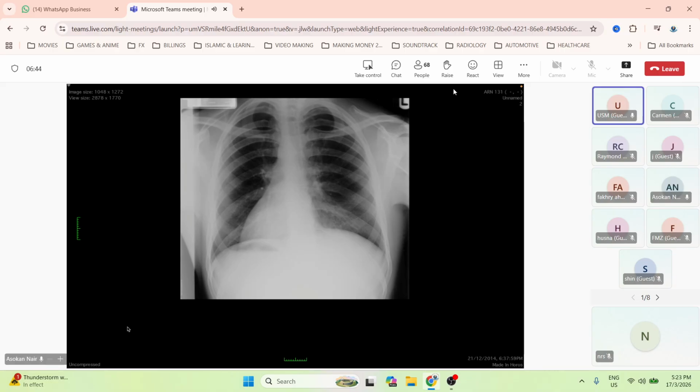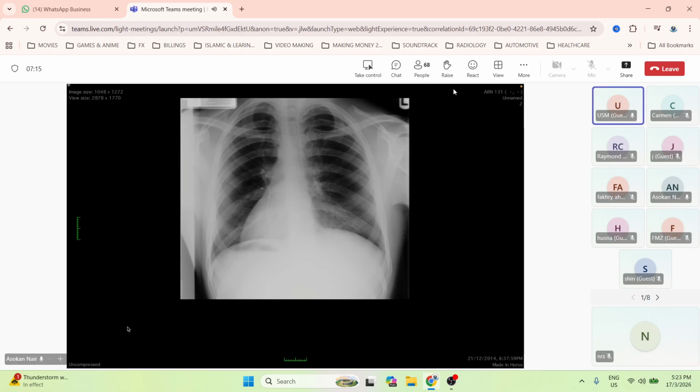Okay, this is the frontal chest radiograph of an adult patient. There is dextrocardia of the heart, and then there are reticular opacities seen at the bilateral lower zones. There is no lung nodule. There is no consolidation or cavitating lesion.